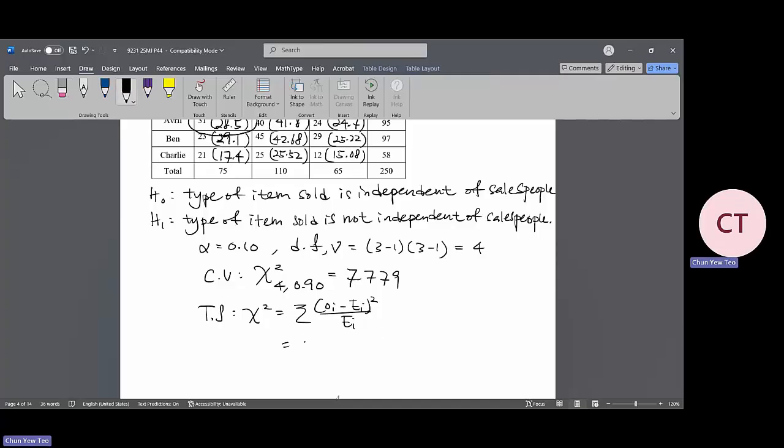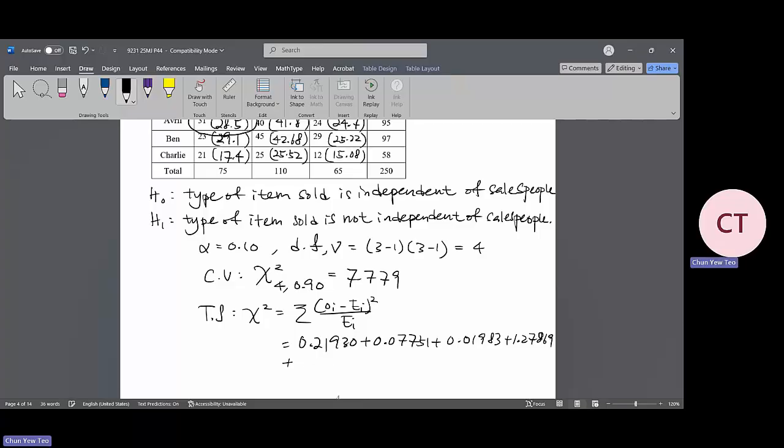So you will get this one as 0.21930. And the second one, it will be the same thing. You will get 0.07751 plus 0.01983 plus 1.27869.